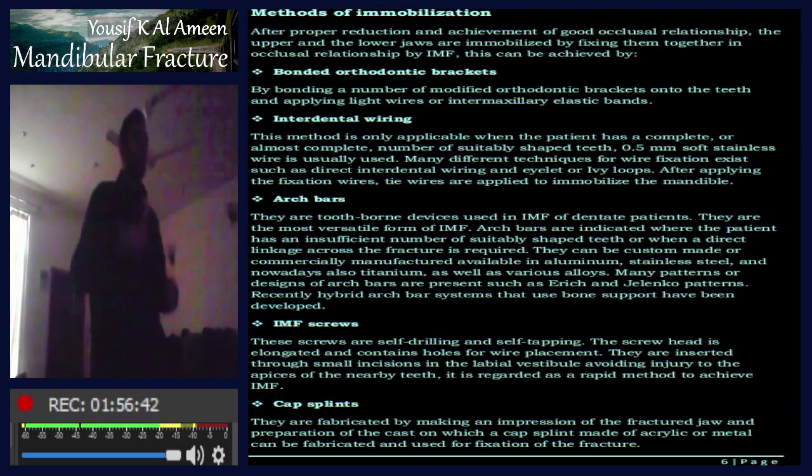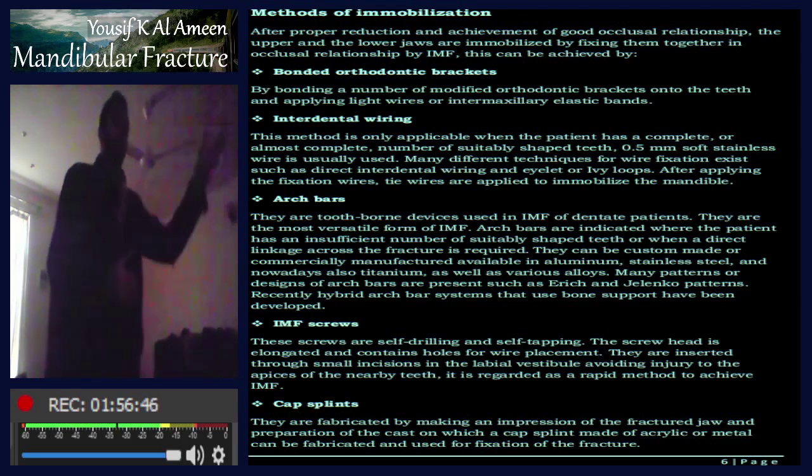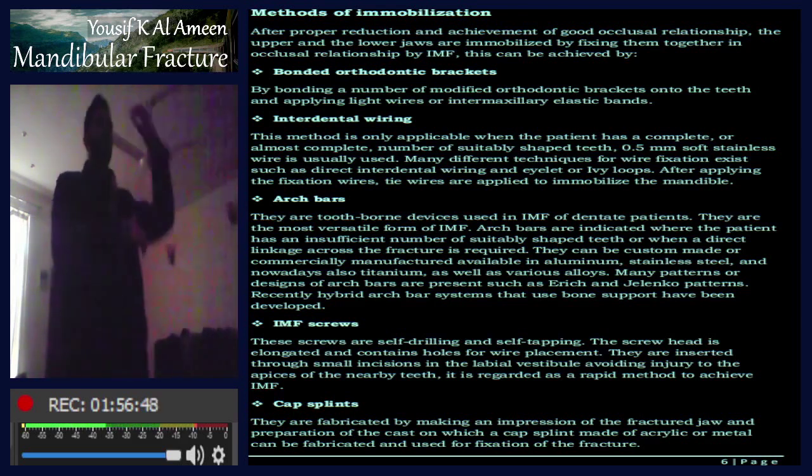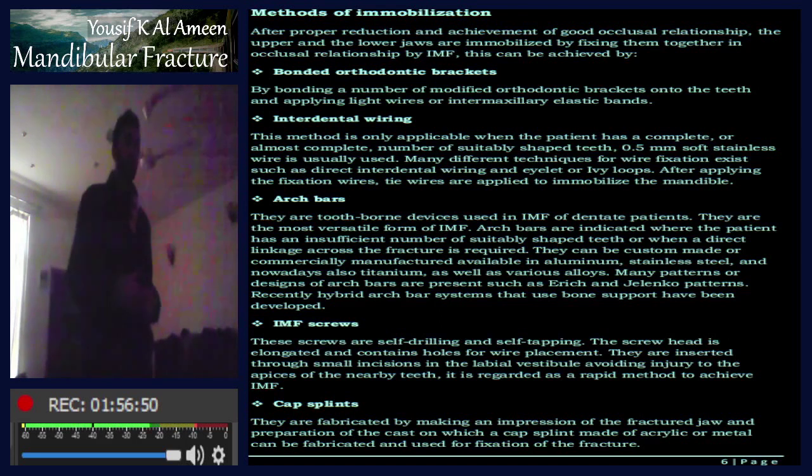Methods of immobilization. We have all these methods for intermaxillary fixation, mandibulomaxillary fixation, or let's give a brief introduction.